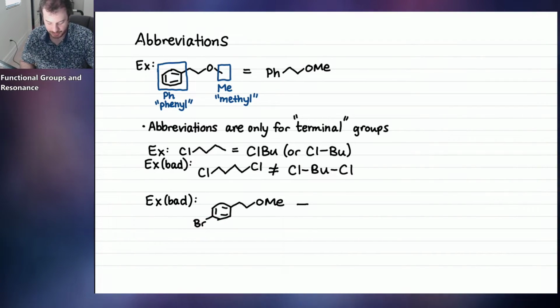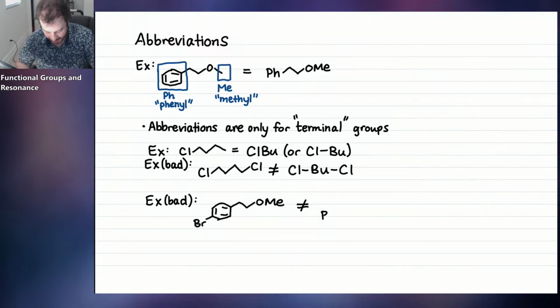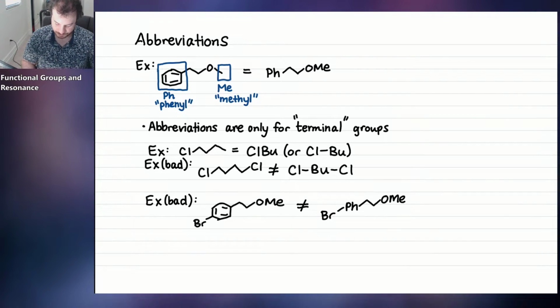So what you could not do then is now you can no longer use the phenyl abbreviation, because now the phenyl is not on the end. It's not dangling off the end, but it's sandwiched between stuff on the right and left. So you could not write this. That would be unacceptable, because now the phenyl is sandwiched. Okay, so you can only use abbreviations for when they are on the ends.